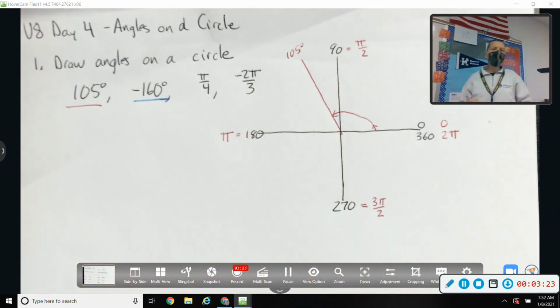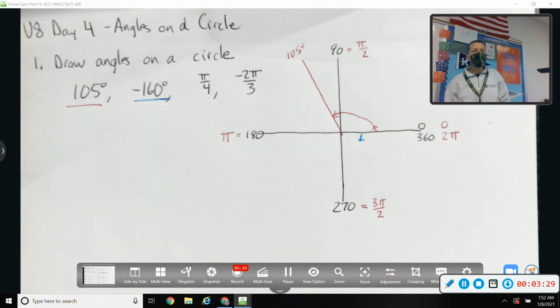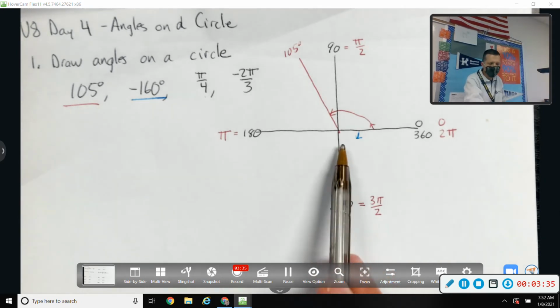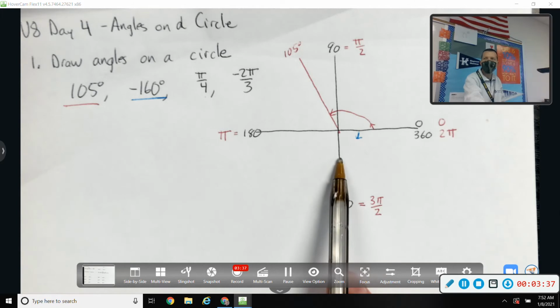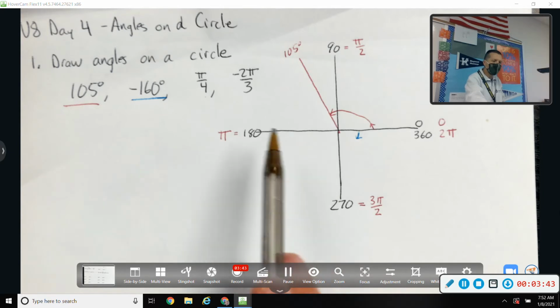All right, negative 160. So negative means I got to go backwards. And it also means I have to be real careful about these numbers, because when I reach this first marker, that's not really 270 now. That means I've gone 90. So that's backwards 90. That's backwards 180. So I don't want to get all the way to 180.